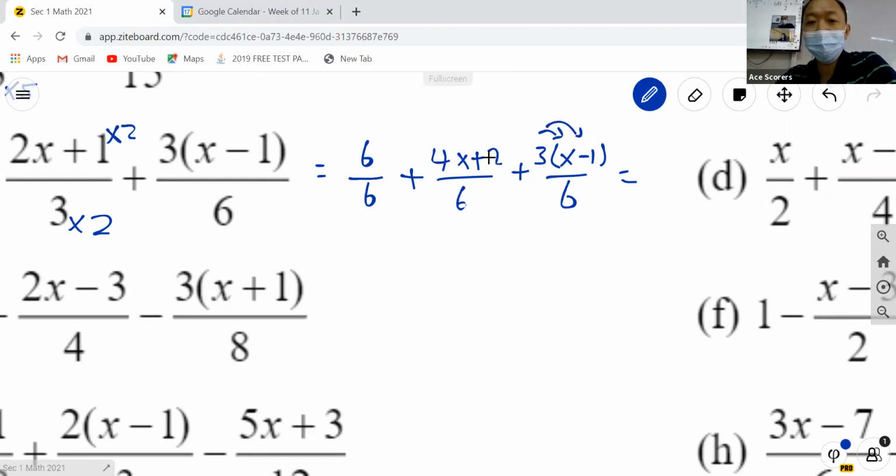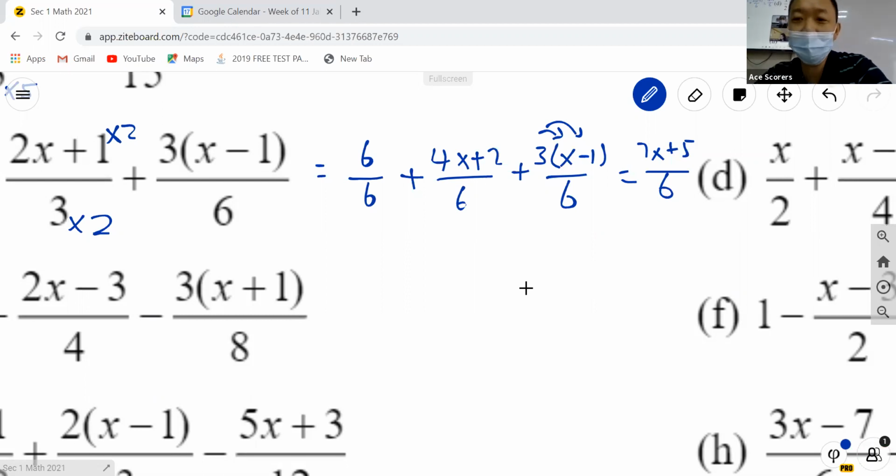Mentally you can do it already. 4x plus 3x become 7x. And then 6 plus 2 is 8. Minus 3. 8 minus 3, so 5. Plus 5 over 6. Can you see that? That's how you do it effortlessly.